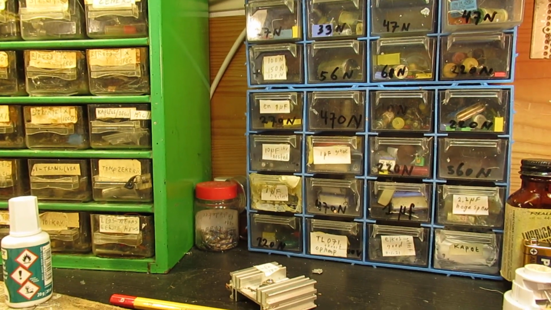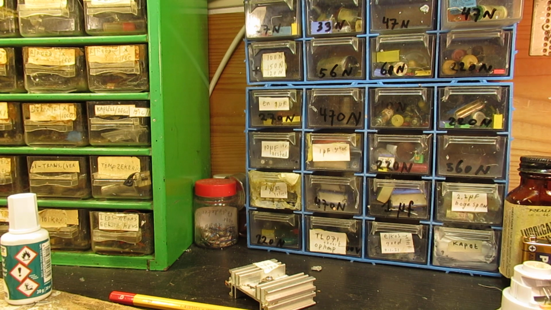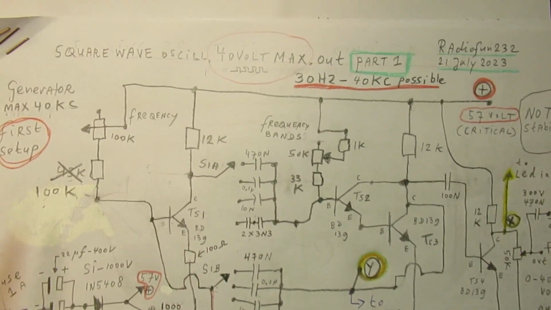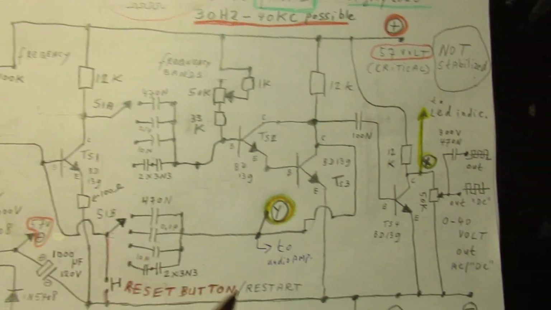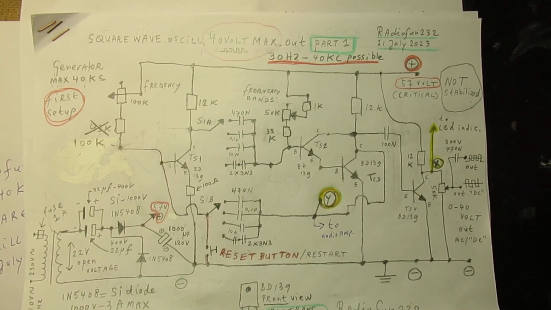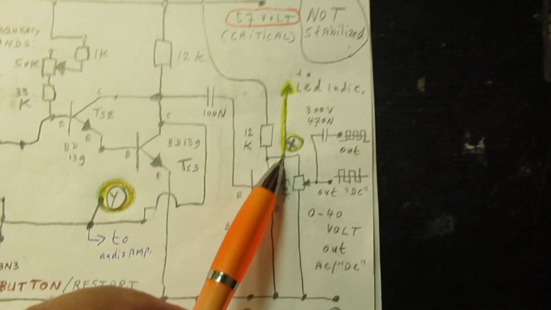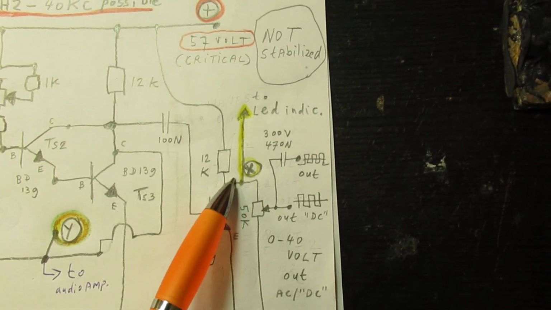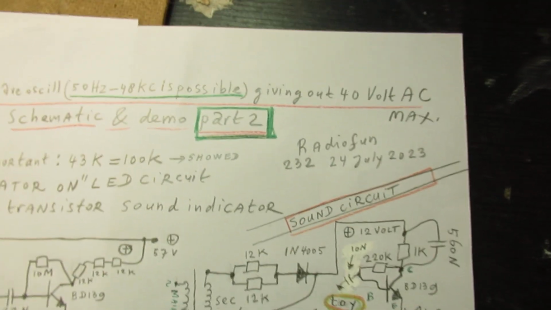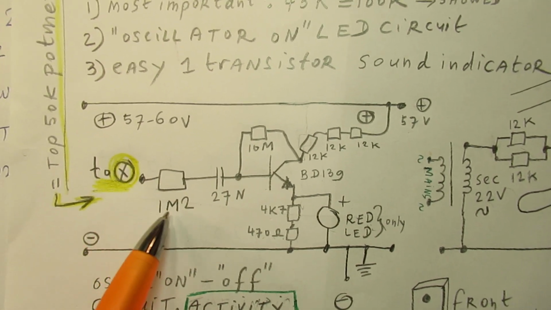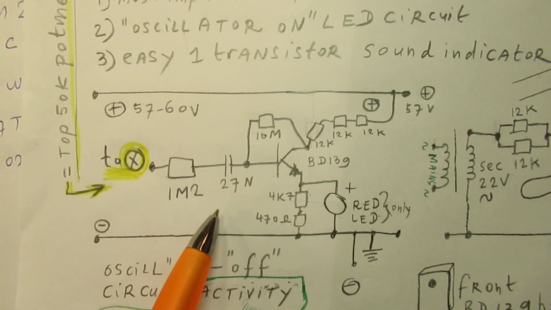the oscillator circuit. And the reason is that such a LED indicator can have an enormous influence on the waveform, and that's the reason why I have here connected this LED indicator to the top of the output potentiometer, but of course with an enormous resistance here, 1 mega ohm, and a small capacitor of 27 nanofarad.